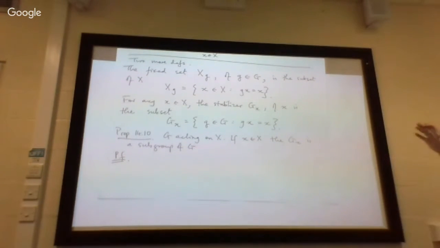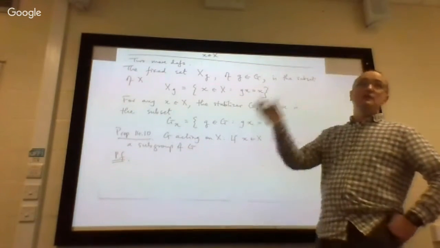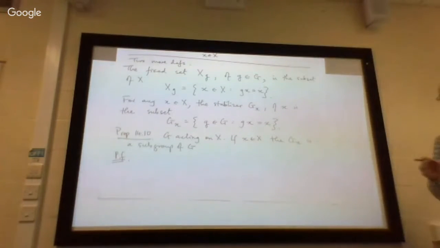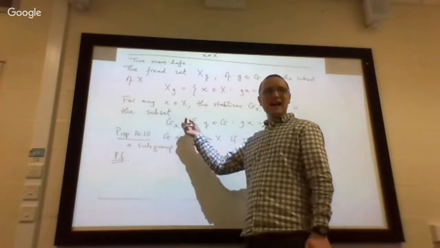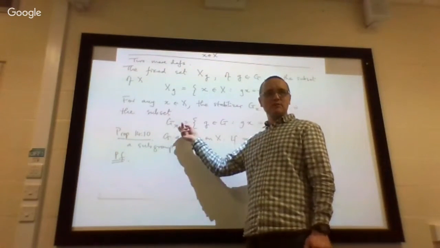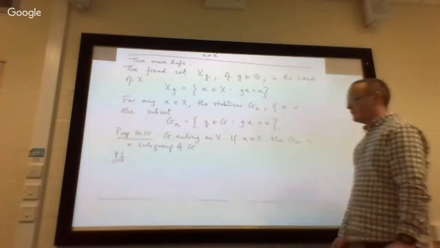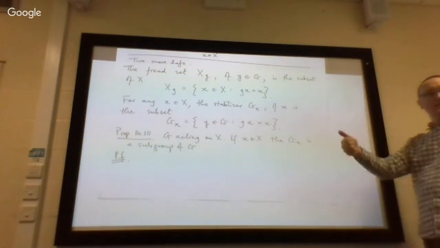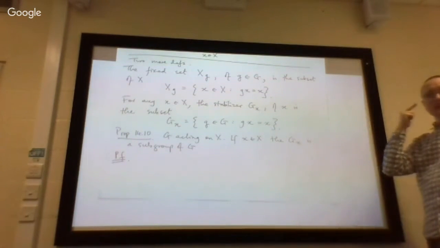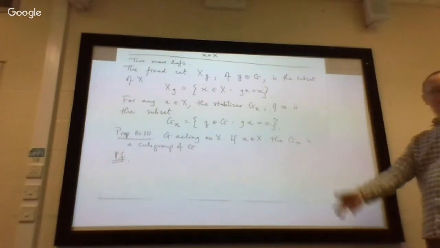Okay, think a little bit. We're trying to prove that a certain subset is a subgroup. What do you have to establish to do that? There was a couple of theorems. Well, by definition, a subgroup is a subset which acts as a group using the same operation from the containing group G. That gives potentially 4 conditions you have to prove: identity, associativity, closure, and existence of inverses.